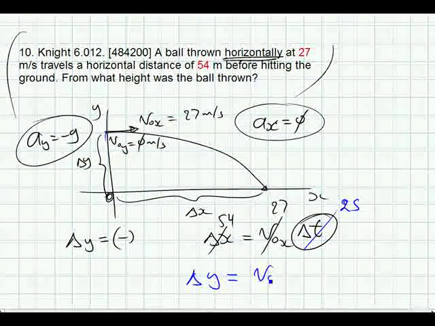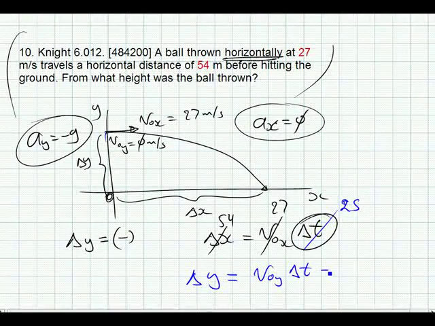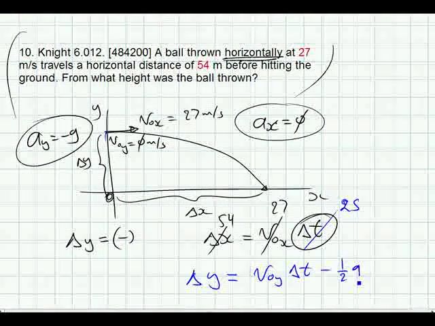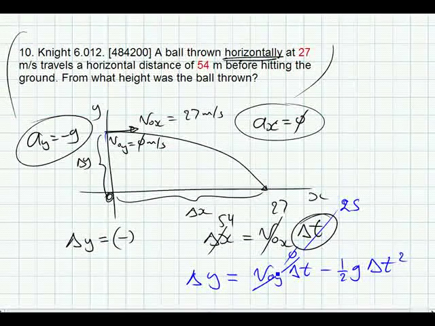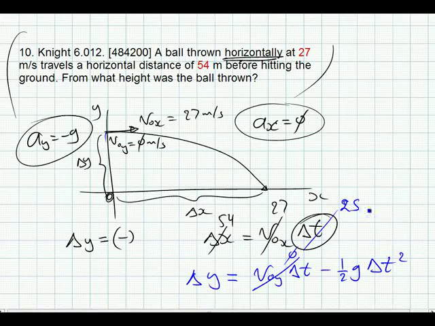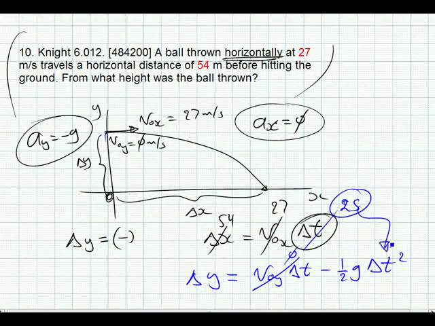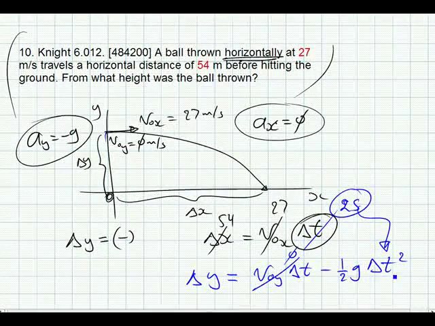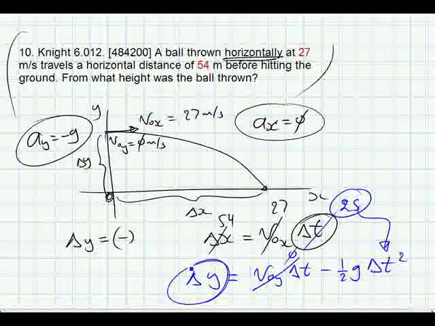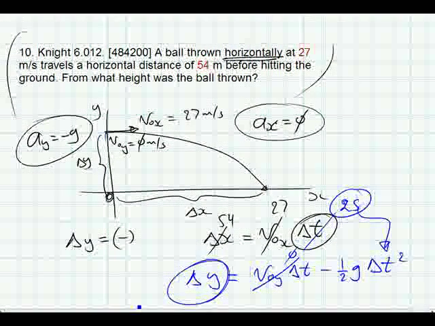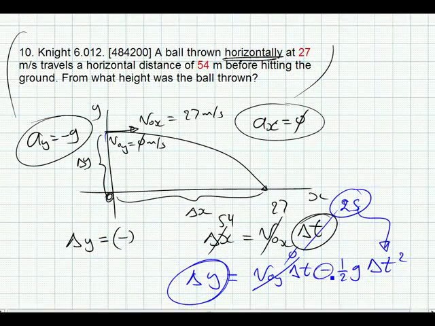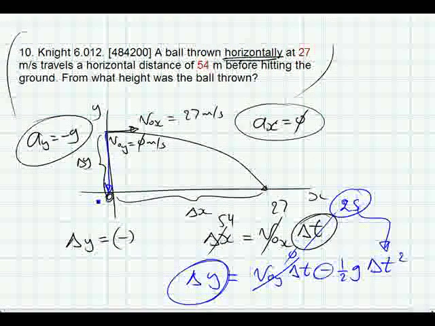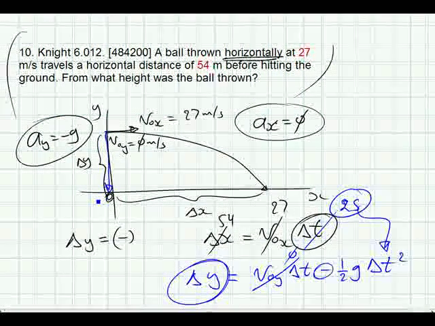Delta y is v naught y delta t minus 1/2 g delta t squared. Now this is 0 because v naught y is 0, so use the 2 seconds that you figured out here for delta t, and now you can figure out what delta y is, and you will, as I said, end up with a negative value because of this negative right there, but that's okay, that's exactly what we want, because the displacement as I've drawn it here will be negative.